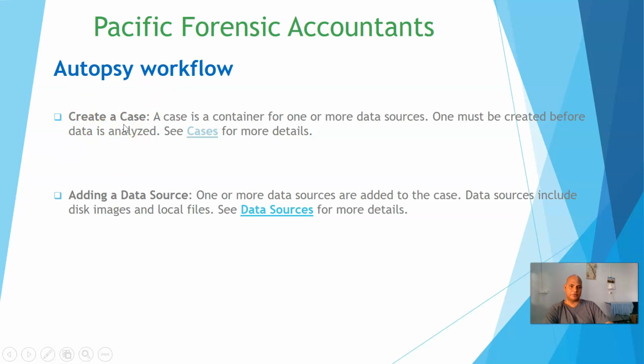You can input information related to your suspect's investigation by answering the questions asked when creating a new case. When you click next, it will ask you to add a data source. When the question asks for a data source, that's when you're able to select the suspect's extracted hard drive, which you already saved somewhere to be analyzed, and from there you can plug it in using the USB.